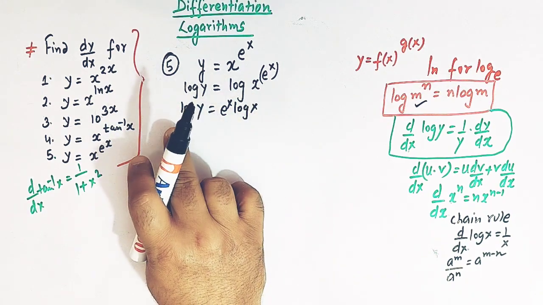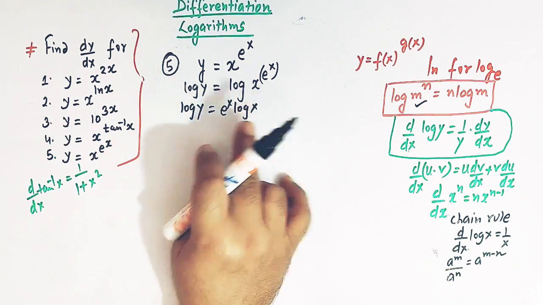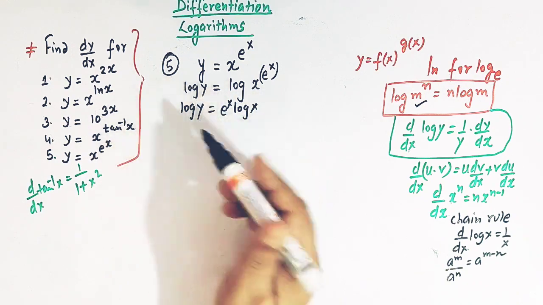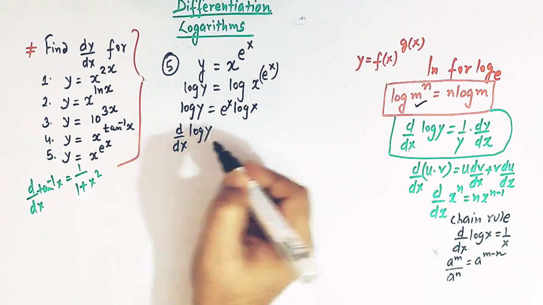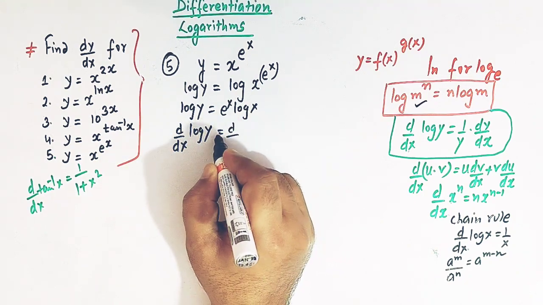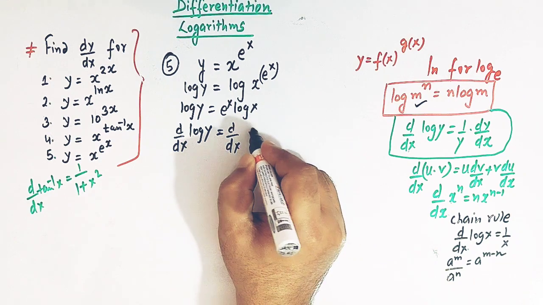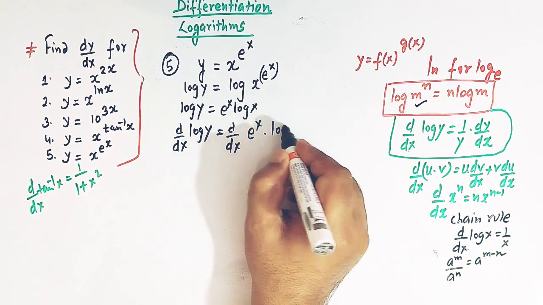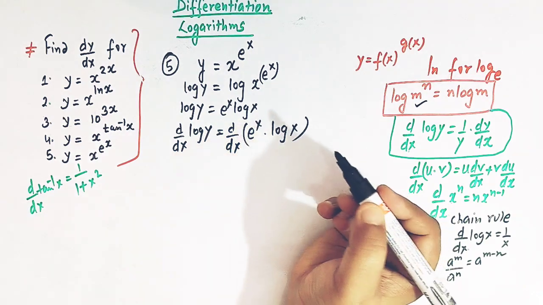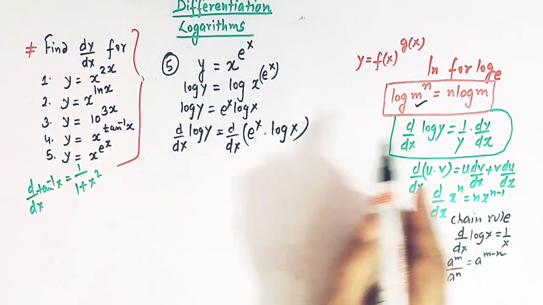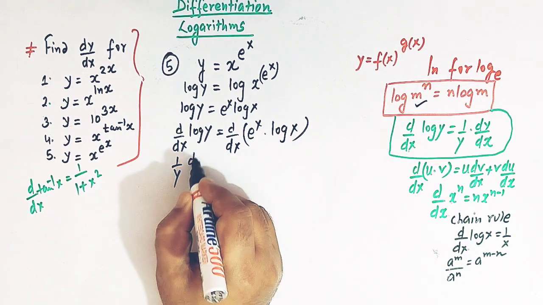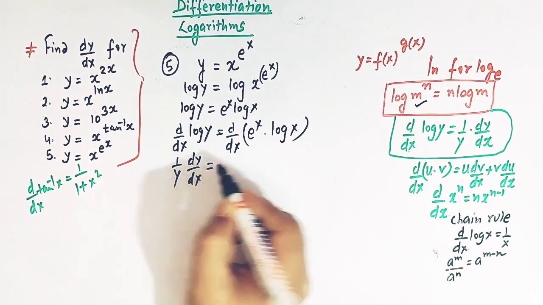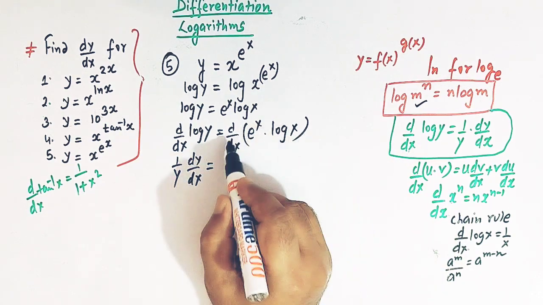Now differentiating both sides with respect to x, we get d by dx of log of y, and here d by dx of e raised to x times log of x. The derivative of log y is 1 over y due to this result, and here again we have the product of two functions.